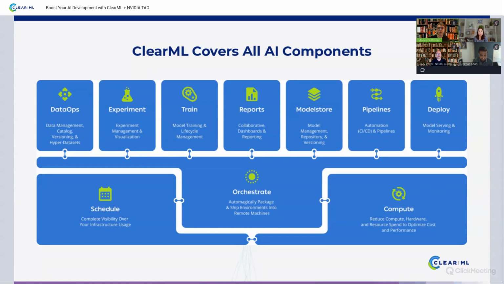So we have the data ops as part of the system. So imagine your data catalog and the hyper datasets, which we'll demonstrate a bit today. The experiment management, the training and the remote training, the reporting capabilities, basically producing dashboards, reporting, etc., into management, making sure that everyone understands where projects are at.